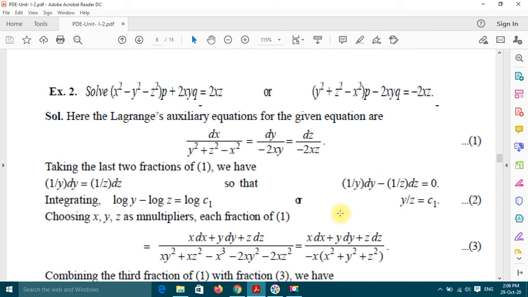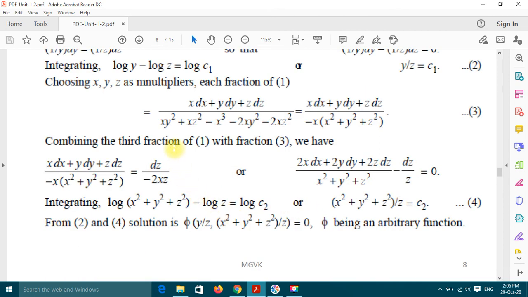Now we are trying to find the second solution or second integral of the partial differential equation. So we use the multiplier x, y, z. Okay, so we multiply first fraction by x, second fraction by y, third fraction by z, and add it.